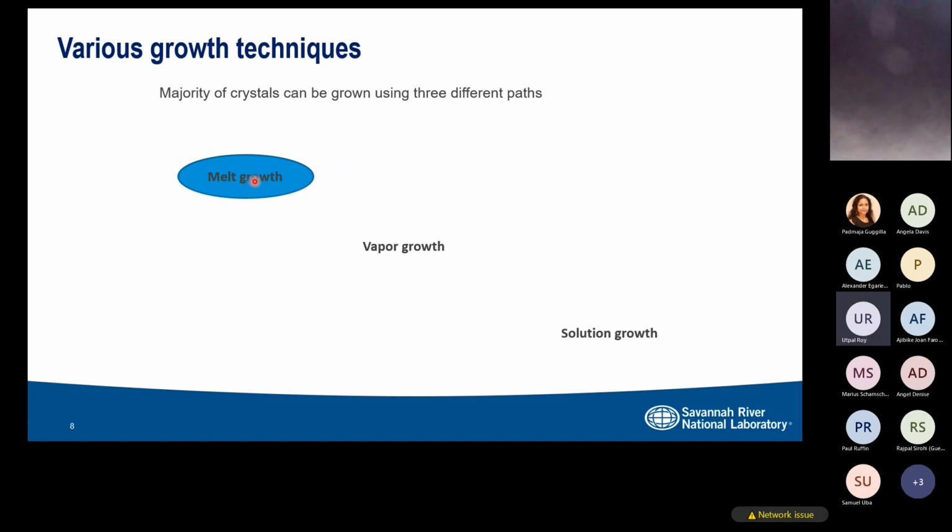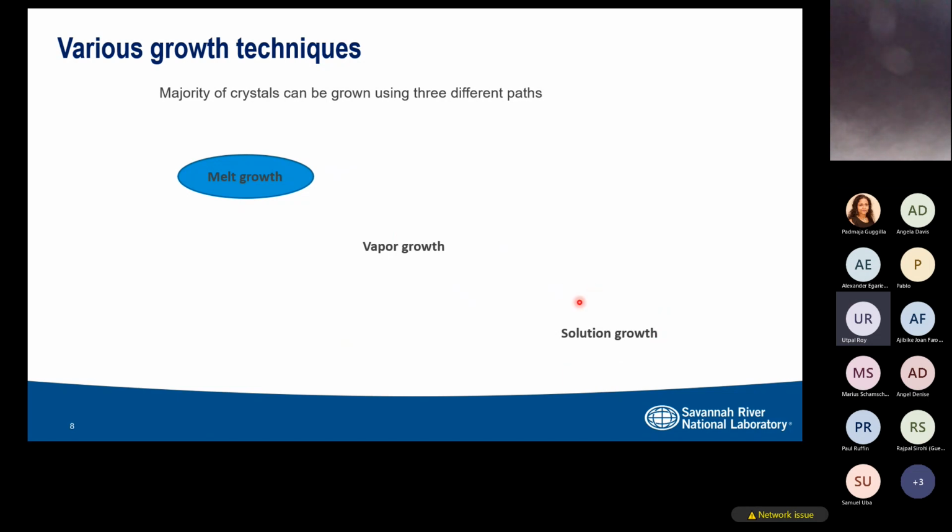That is called directional solidification. Vapor growth means you evaporate and slowly deposit the evaporated material, and that gives you the growth of the whole ingot. And solution growth means you grow the crystal from a solution.